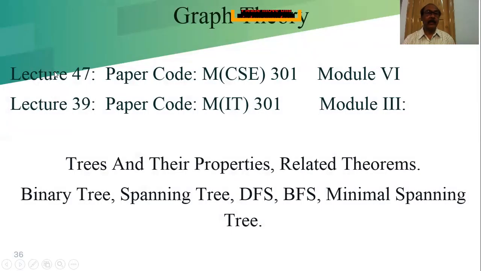Next lecture class is 47. For paper code MCSC 301 module 6, and lecture 39 paper code MIT 301 module 3. In the next class we will learn trees and their properties, related theorems, binary tree, spanning tree, DFS.